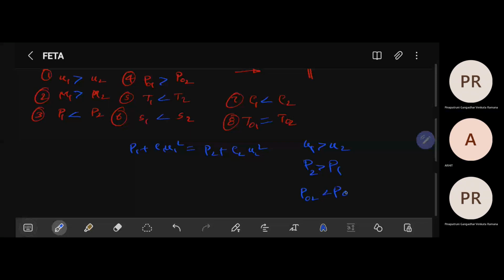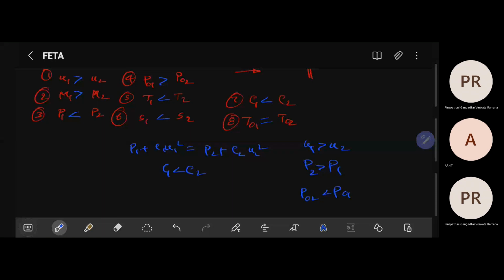Static pressure increases significantly, but the stagnation pressure decreases. You have to be very careful with it. And your density rho1 is way less than rho2.